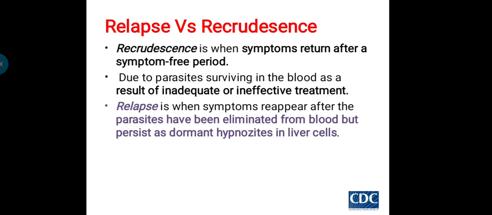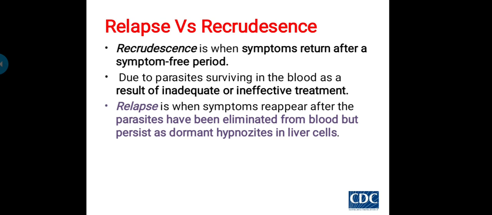Relapse is when symptoms reappear after parasites have been eliminated from the blood but persist as dormant hypnozoites in liver cells. In recrudescence, we have not achieved the cure, because some of the merozoites are still present in the blood, as a result of inadequate or ineffective treatment.